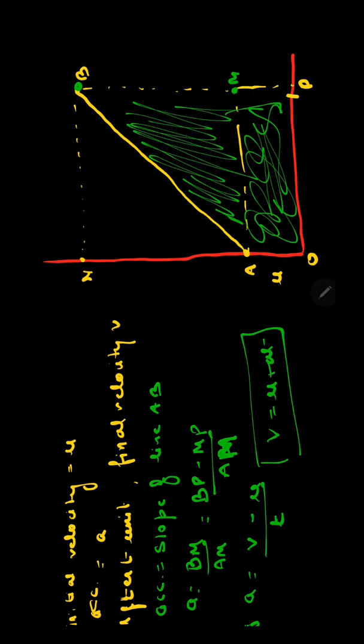I hope you all have noted down. So children, as we know, the area of a trapezium is half into sum of parallel sides into height. So OA and BP are the parallel sides and OP is your altitude. So let's prove it.